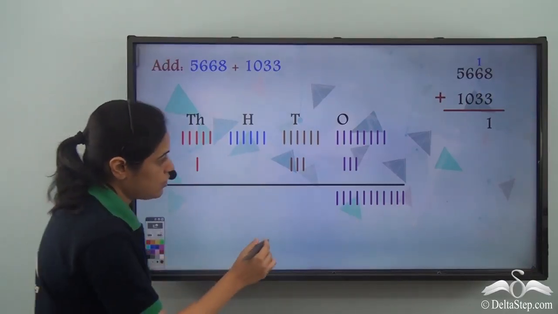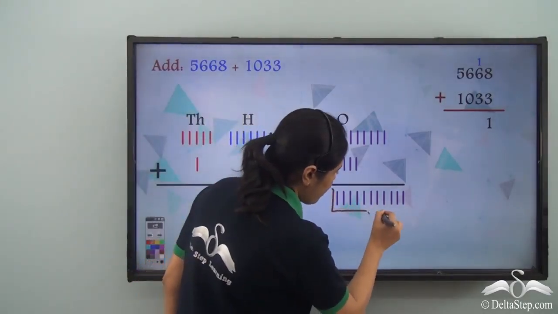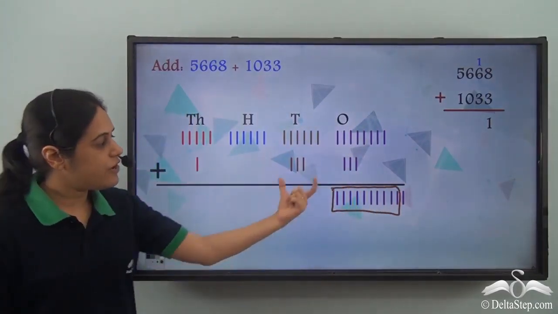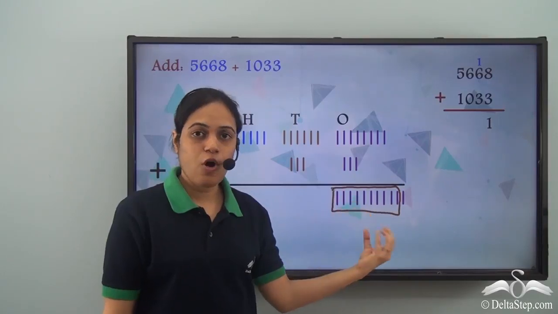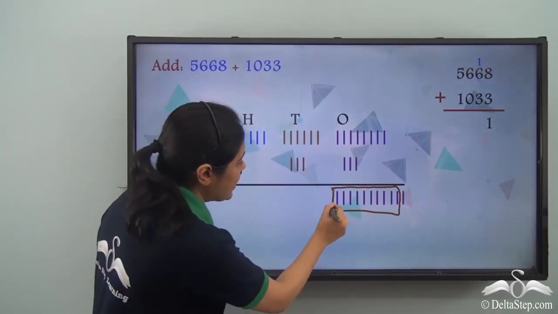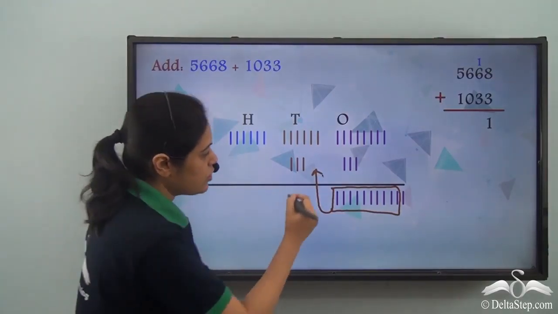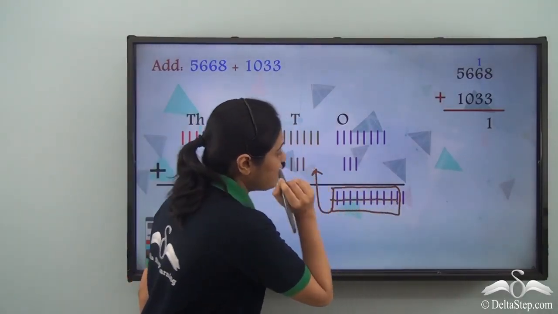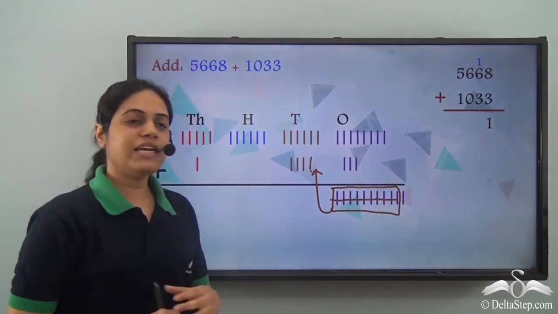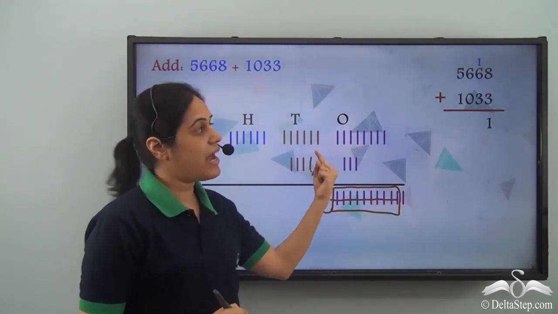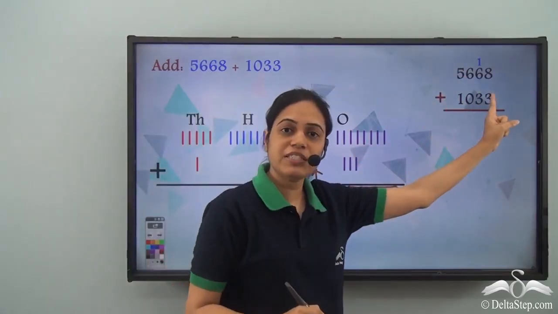So 10 ones from here, these 10 ones will combine together or group together and shift to the tens place. So instead of writing 10 ones here, I can write 1 here. So I can add 1. So this is why we are carrying 1 to the tens place.